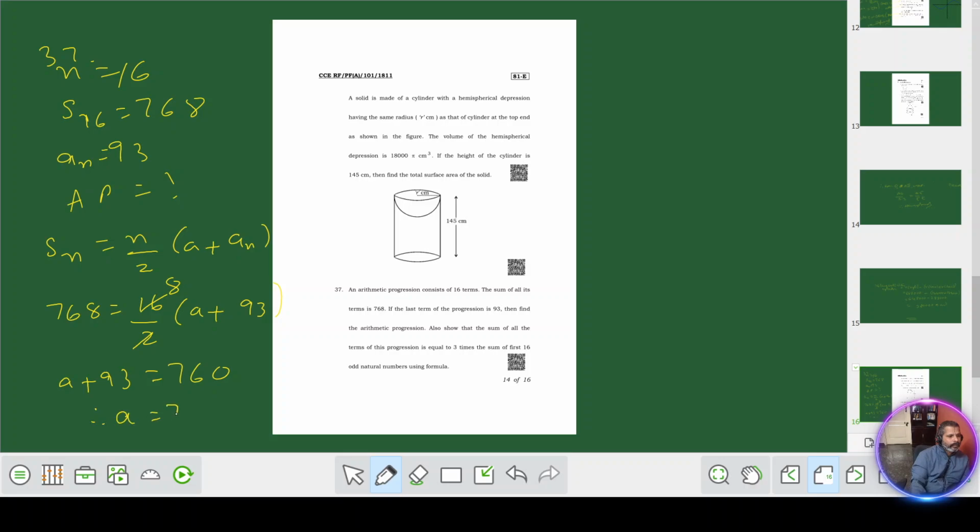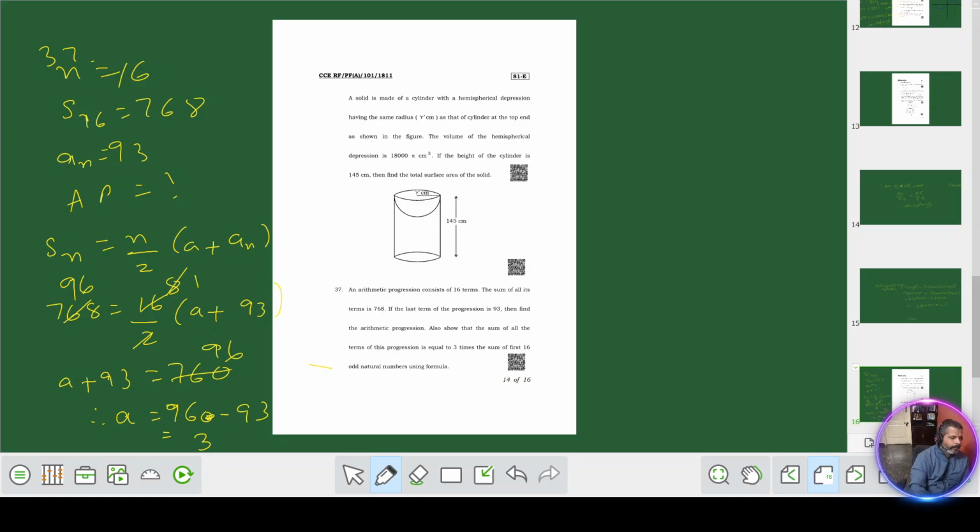Therefore, a is equal to 96 minus 93. A is 3.